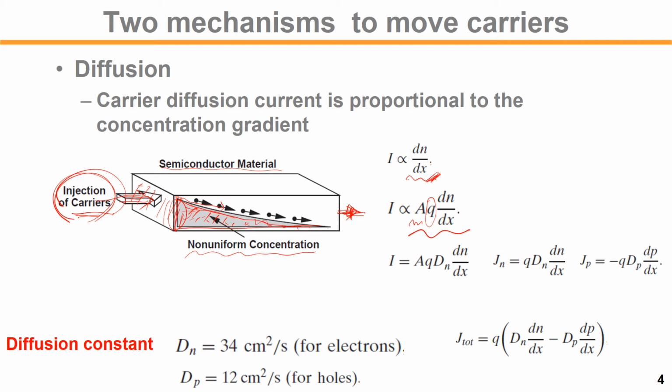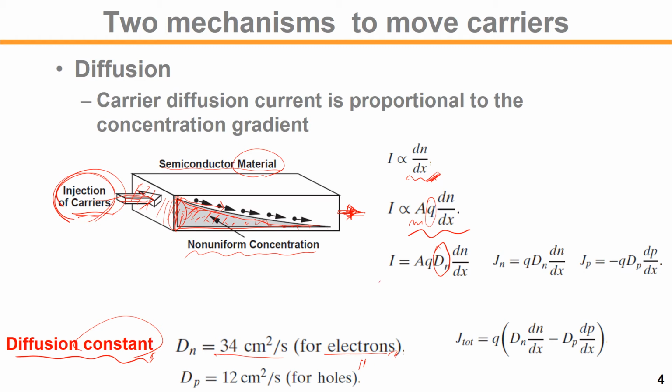So overall, this diffusion characteristic is determined by the different material, so we introduce the diffusion constant, Dn. For electron, 34 centimeter square per second, and for hole, 12 centimeter square per second. So the diffusion constant is different for electron and hole. We can see that electron can diffuse better, right?